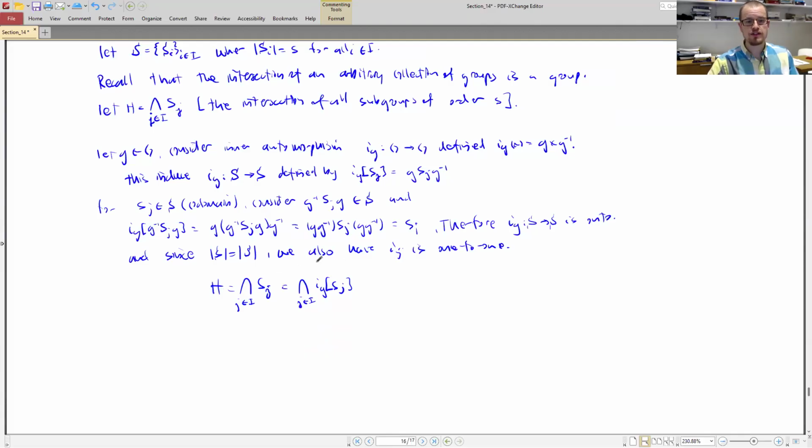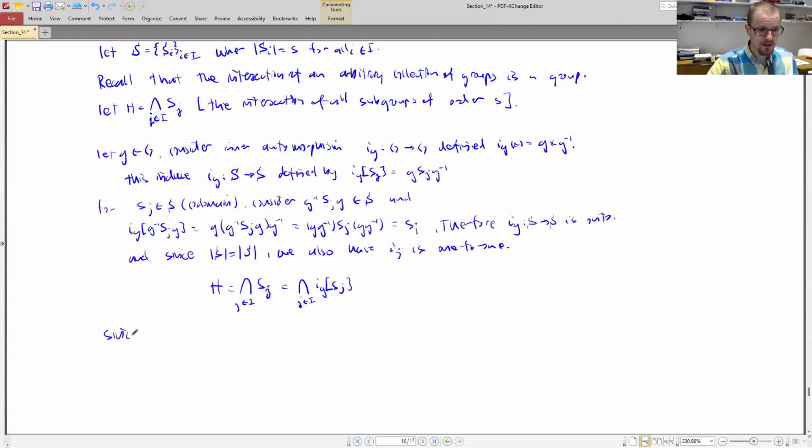So if this is the intersection of all of those, hence H is a subset of S_j. Oh, actually, hold on one second. Oh, yes, okay. So H is the intersection of all of those.